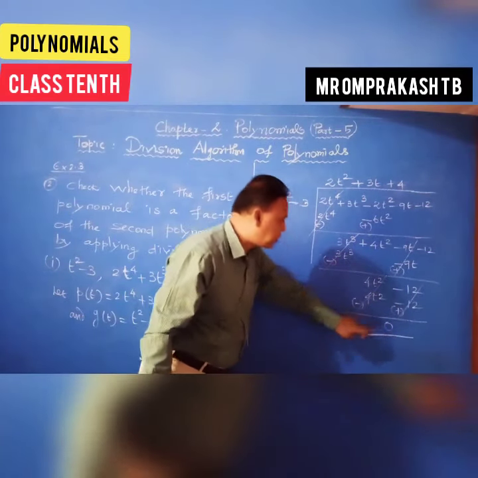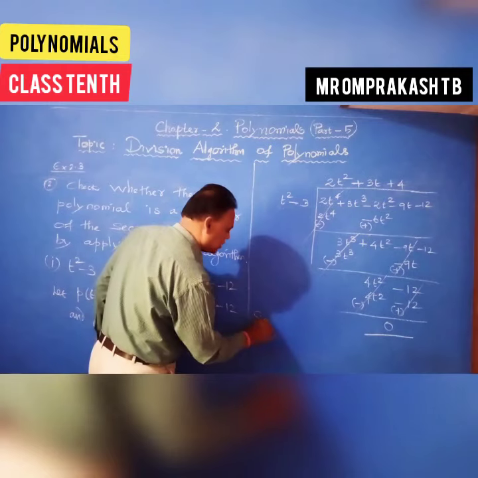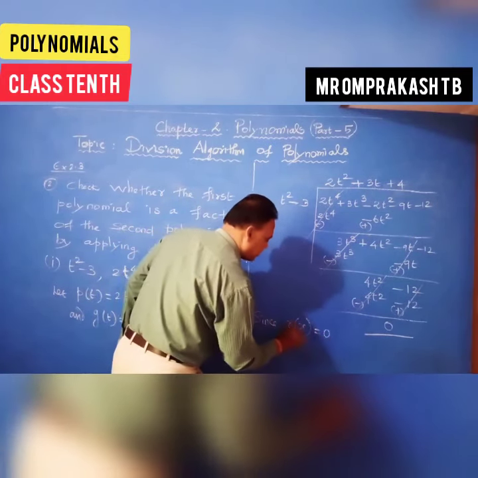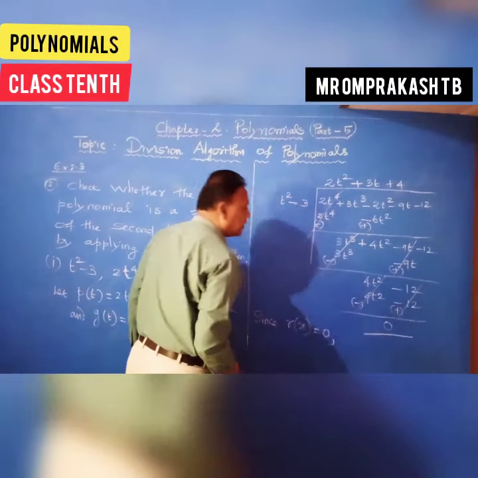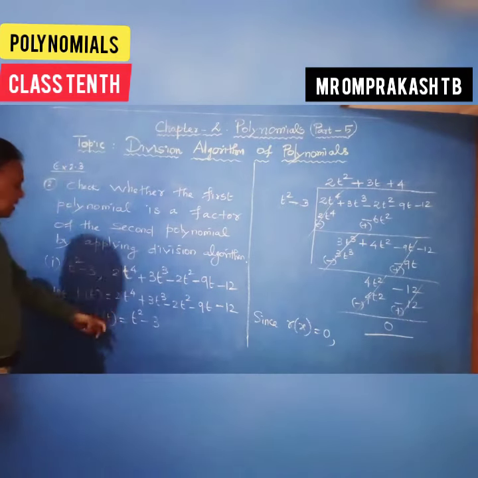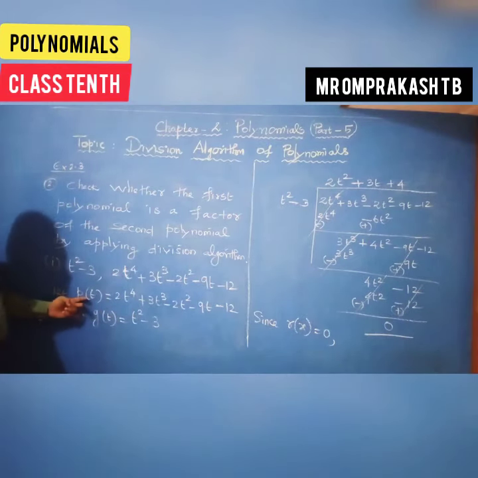When the remainder is 0, that is, r of x is 0, since it is a polynomial, take r of x remainder as 0, then what will happen? t^2 - 3 is what? g of t. g of t is a factor of p of t. Already I gave it in the formula.